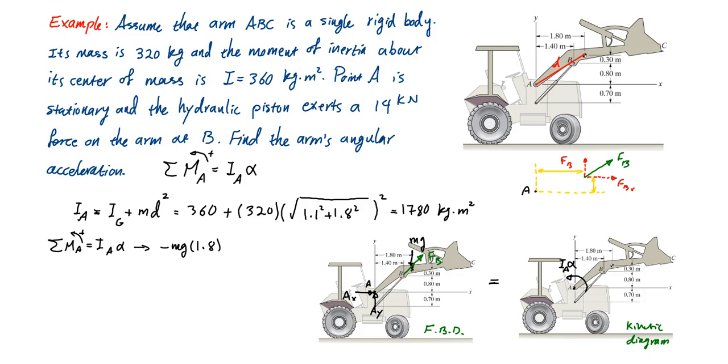So FBX, let me try to draw it in a better way, multiplied by this distance is going to create a moment in this clockwise direction, so that would be negative. And FBY is going to create a moment about point A in the counterclockwise direction, so that would be positive.